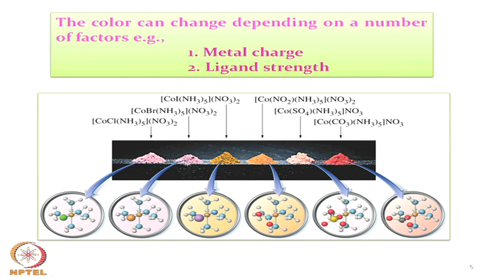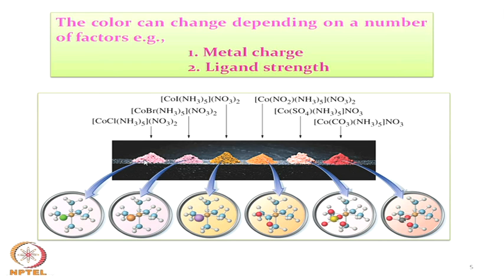So, if we just change the bond attached to the cobalt center at one point only, the remaining parts being the same, from chlorine to bromine to iodine, that means iodide, bromide and chloride, the color change will take place from here to here to here.